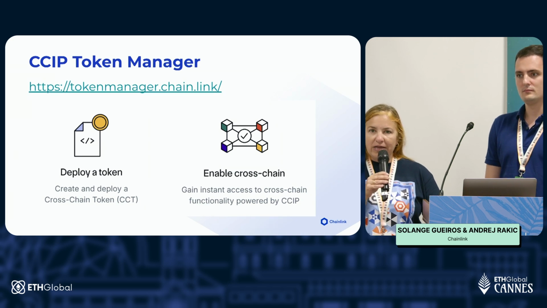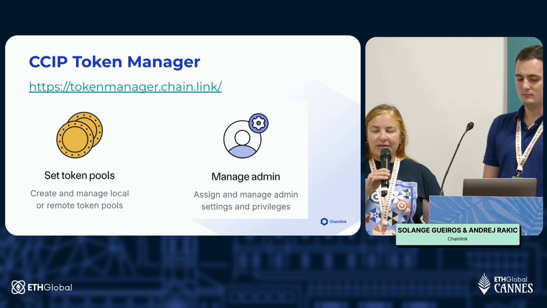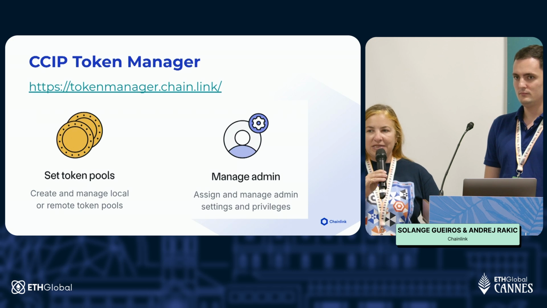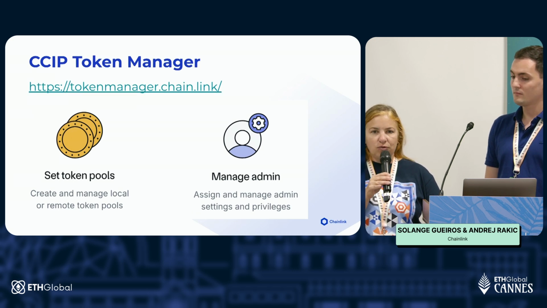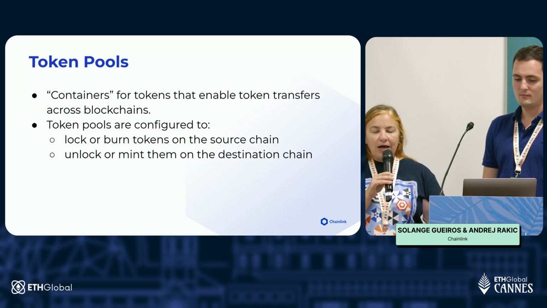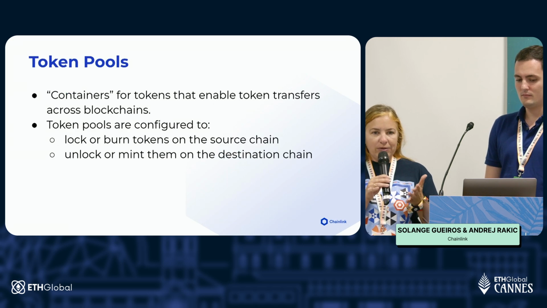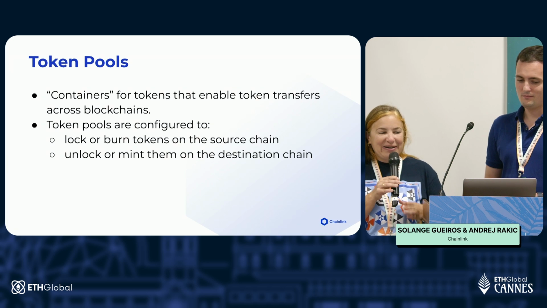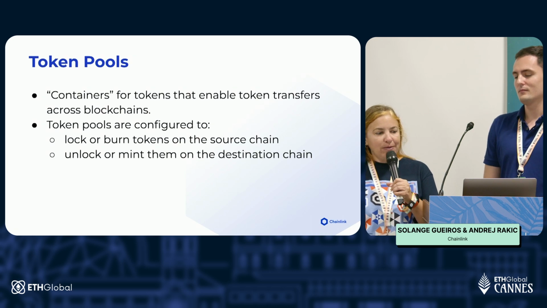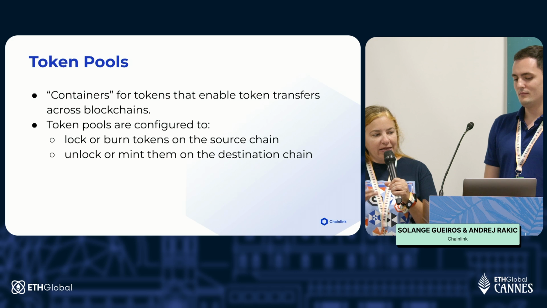You can enable the cross-chain part and set the token pools that we must have in both blockchains, and imagine how the administration of that works, okay? Important to say what these token pools are as well. These are the containers that we must have to enable the token transfers between the blockchains.